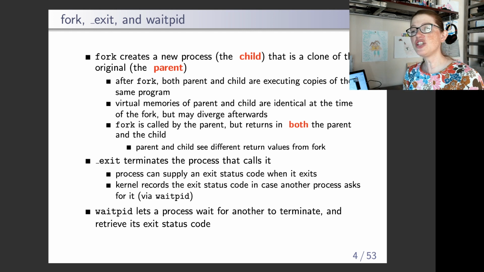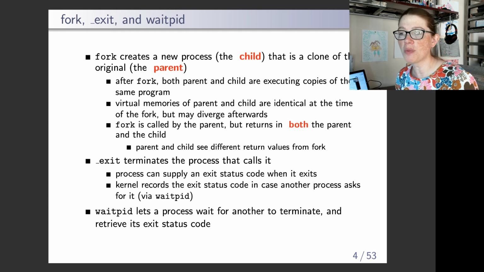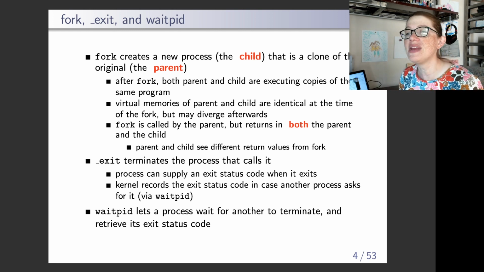Well, it needs to call wait to wait for each of those processes to terminate. And then once it has waited for all of those processes to terminate, it needs to check before it does that aggregation, the reduce phase, that each of those processes actually terminated successfully. That is, they actually terminated without an error.